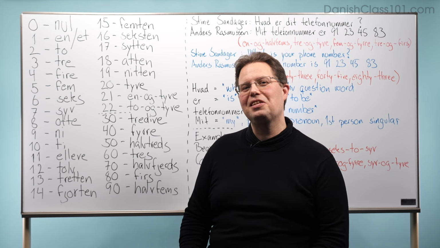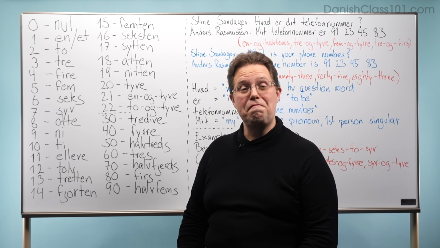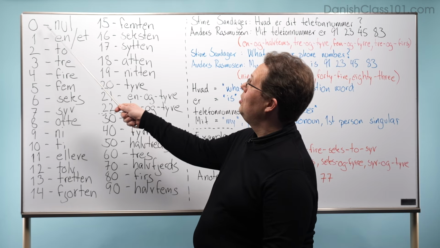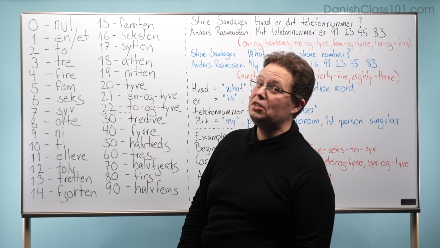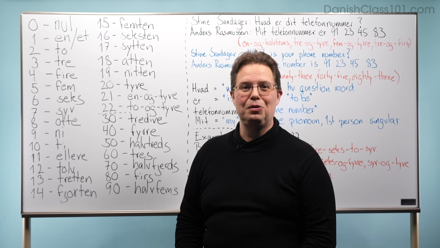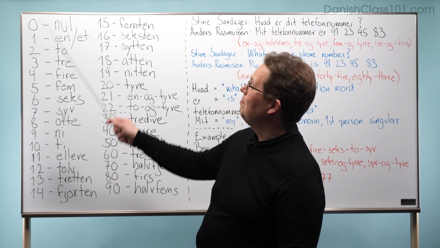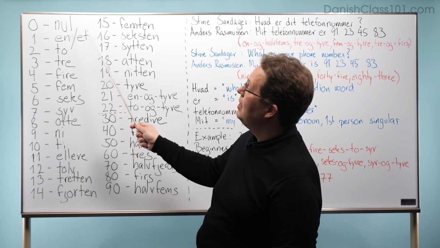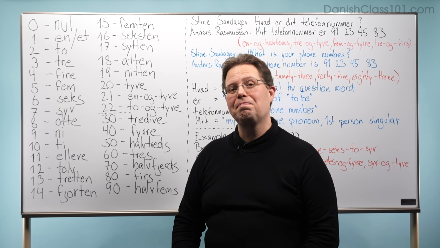Okay, let's look at the vocabulary. First we have nul, 0. En, et, one.